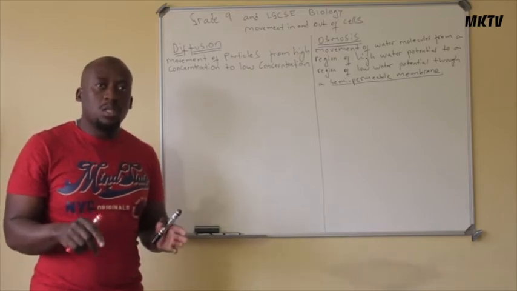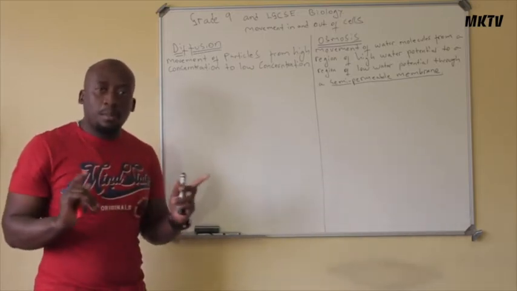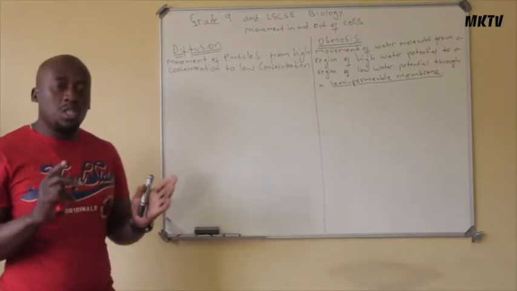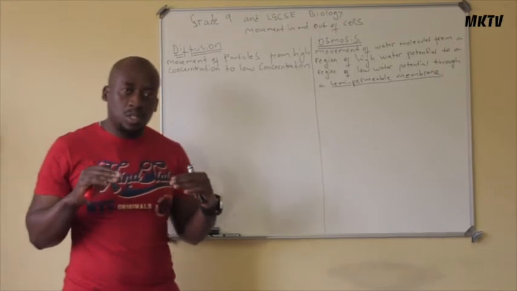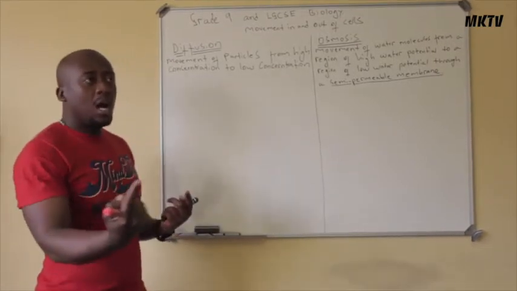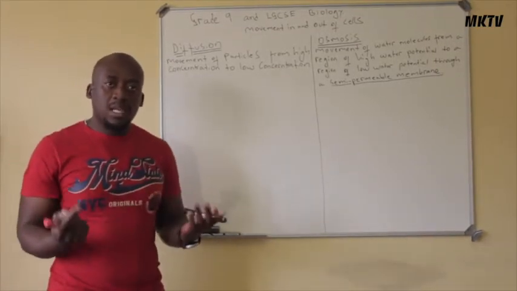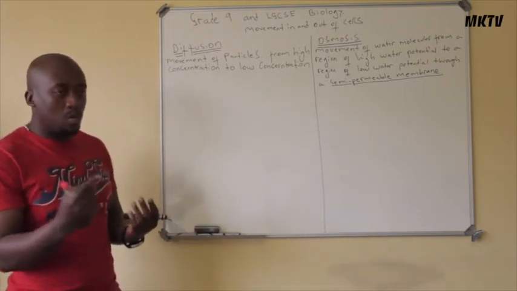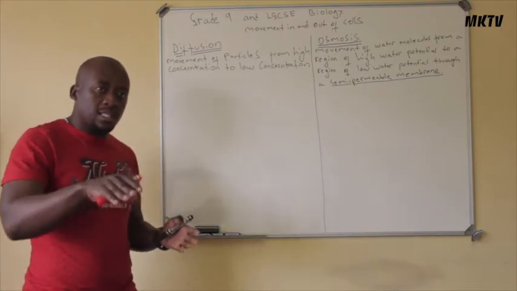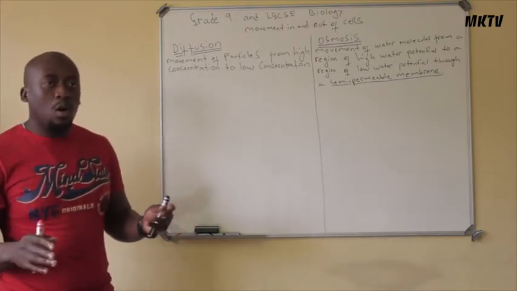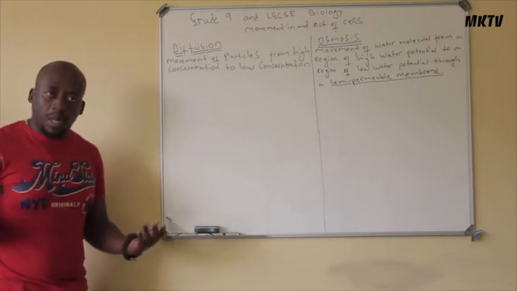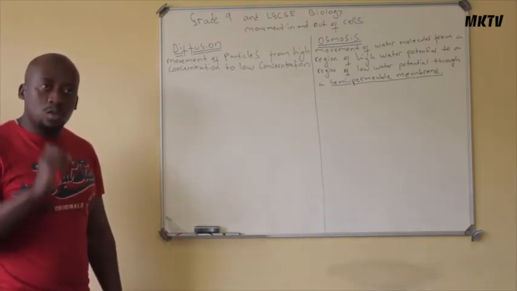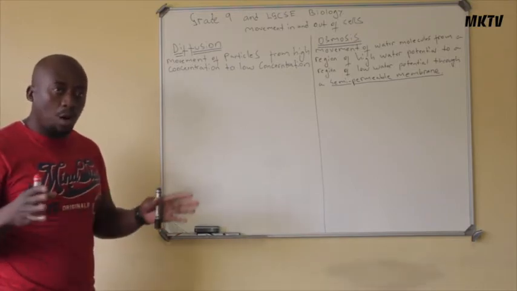Somebody at a corner of this room can smell that perfume, which means the particles of that body spray have moved across the room. This is diffusion in gases, because the particles of that perfume travel through the gases. But at some time, the smell is going to fade, which means the smell is now gone.